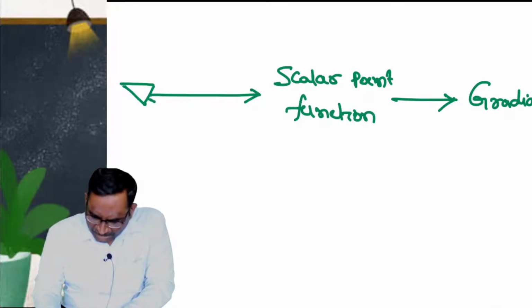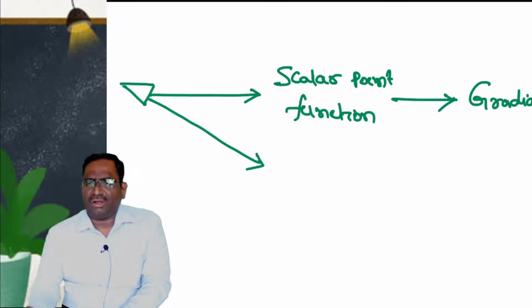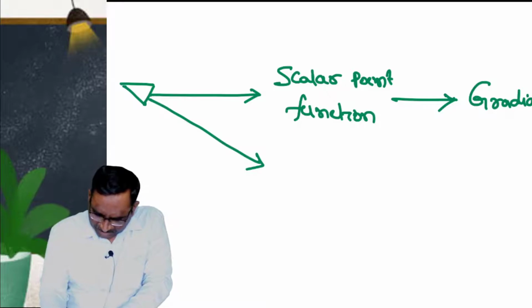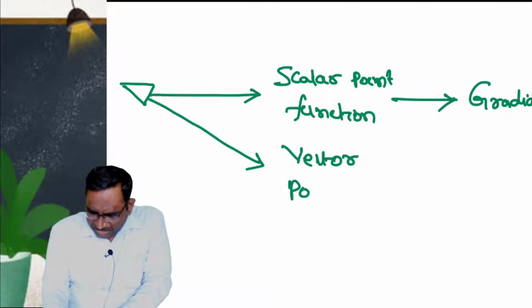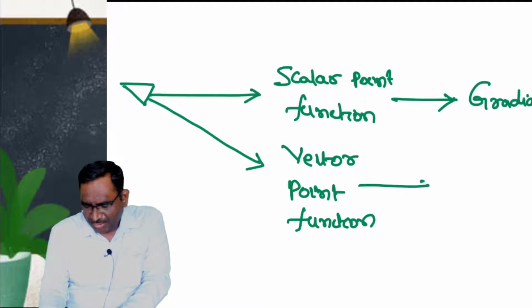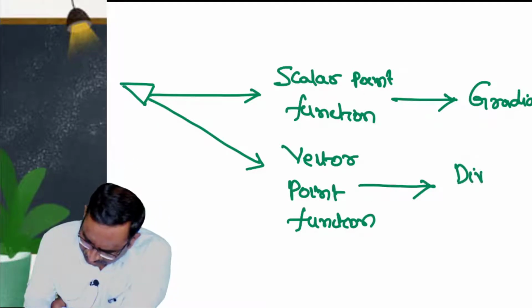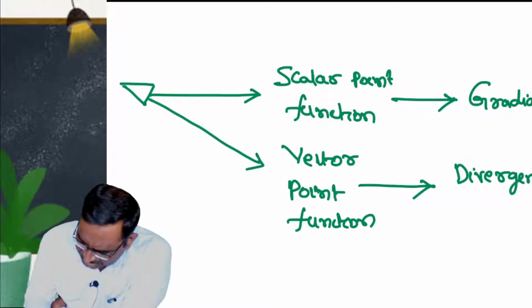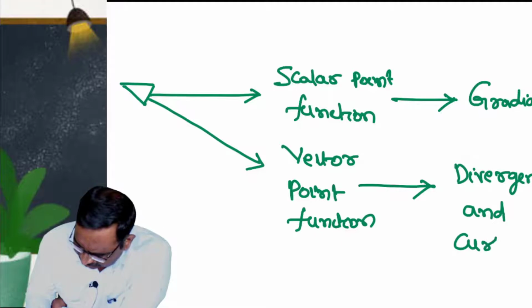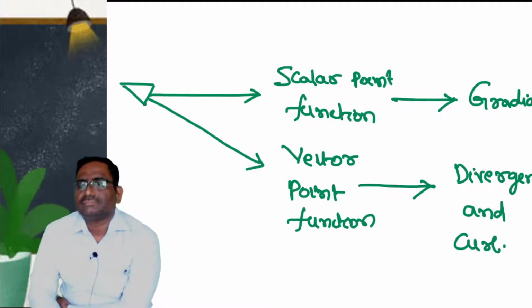When we apply this vector differential operator on a vector point function, we are going to get divergence and curl. Right.